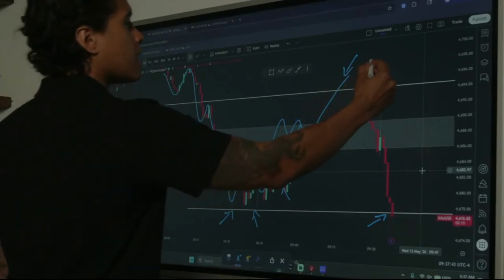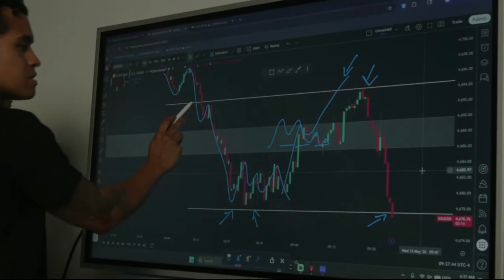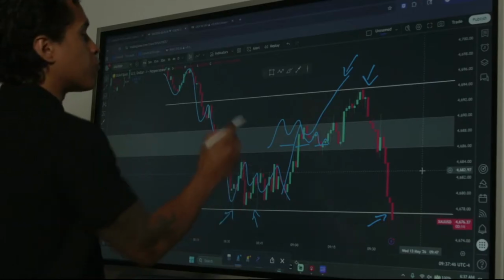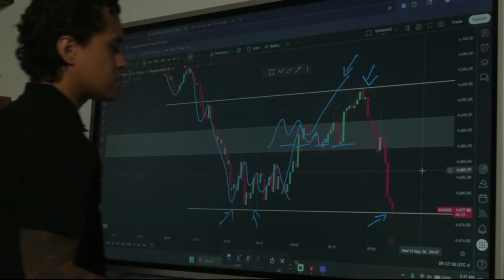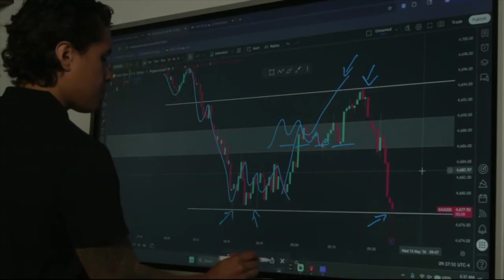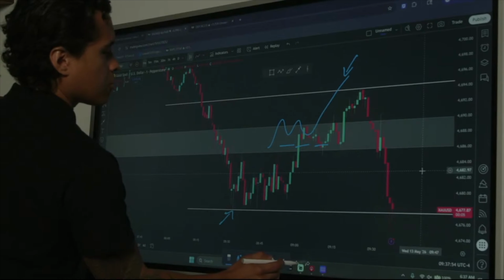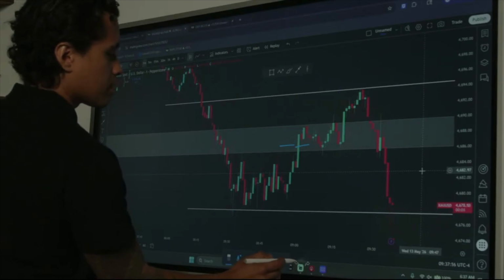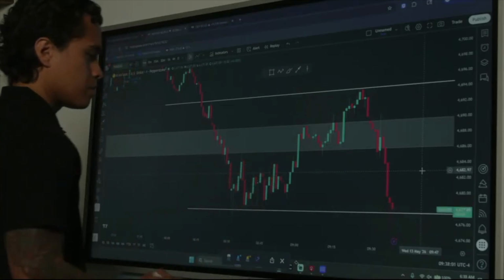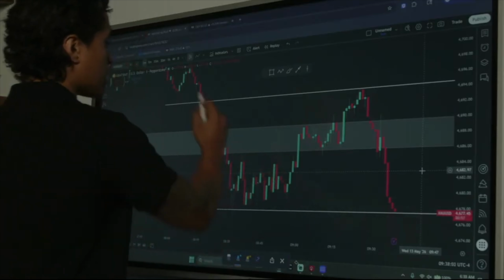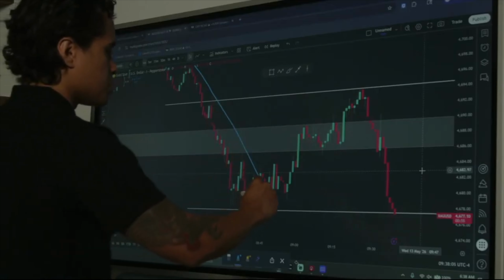We understood the area that we had to look out for, which was these highs right here. We understood that if we could reject those highs, we want to make sure we get above this, because that was the point where we were starting to go against this right here, which was this.